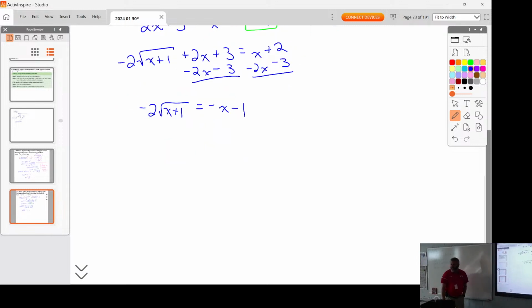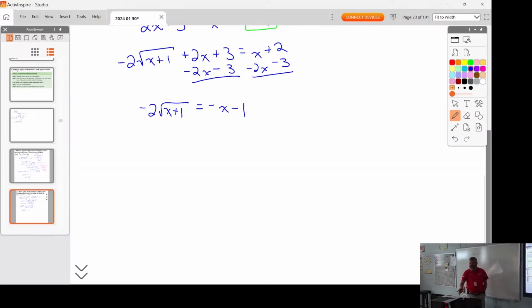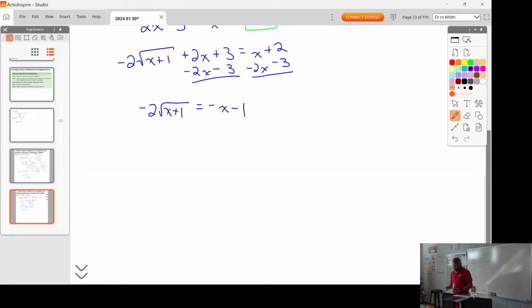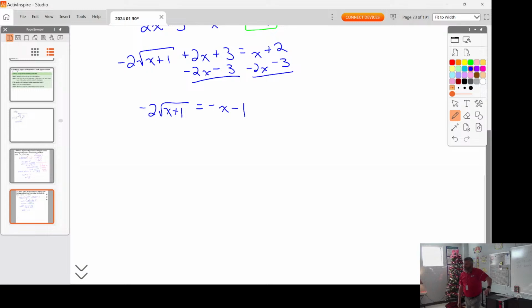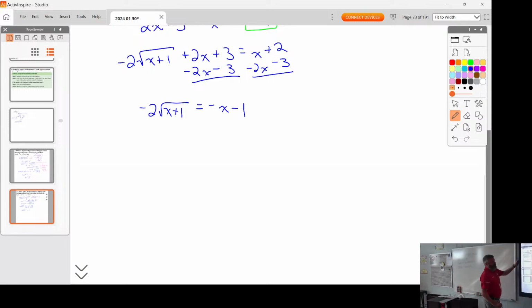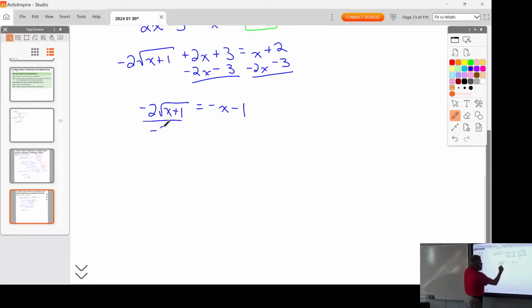Is everybody okay? I went ahead, moved the slide a little bit. Was anybody writing down stuff that was up there? We're good? Okay. Is the radical by itself? No. What do I need to do now? Not 2, but negative 2.